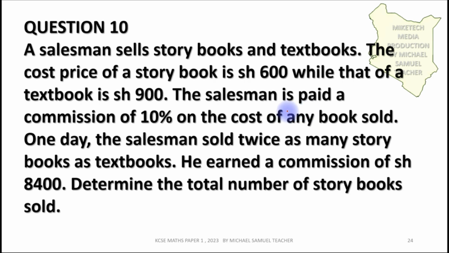The salesman is paid a commission of 10% on the cost of any book sold. One day, the salesman sold twice as many storybooks as textbooks. He earned a commission of 8,400 shillings. Determine the total number of storybooks sold.